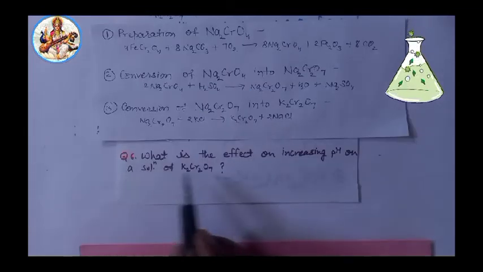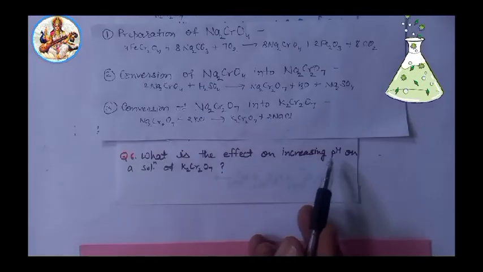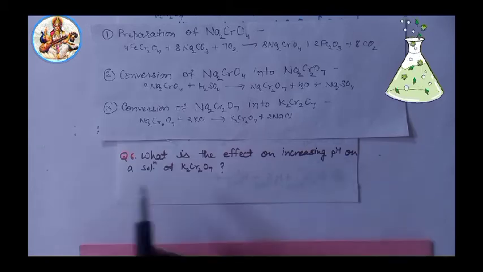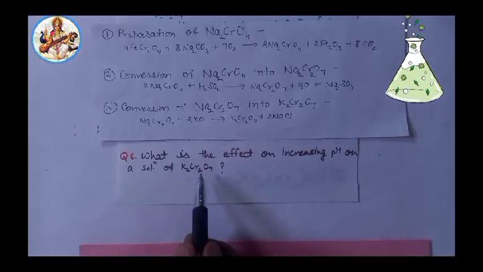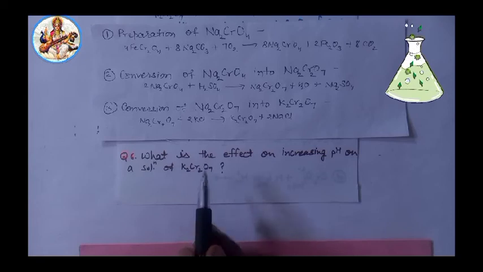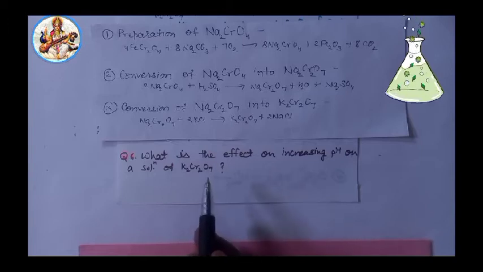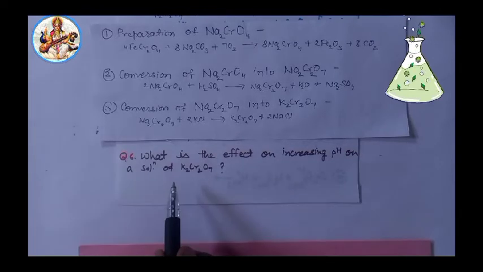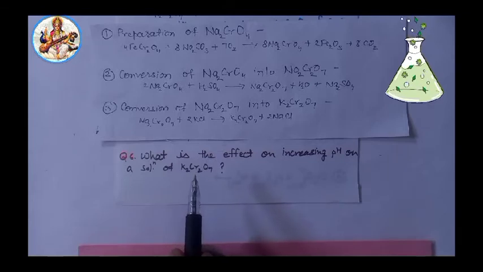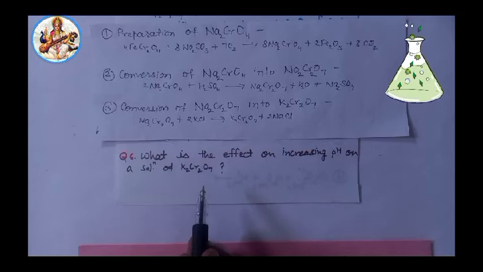Next, the sixth question: what is the effect of increasing pH on a solution of potassium dichromate? The answer will be: by change in pH of the solution, chromate and dichromate ions may be interconverted. Chromate and dichromate ions are in equilibrium at pH 4.